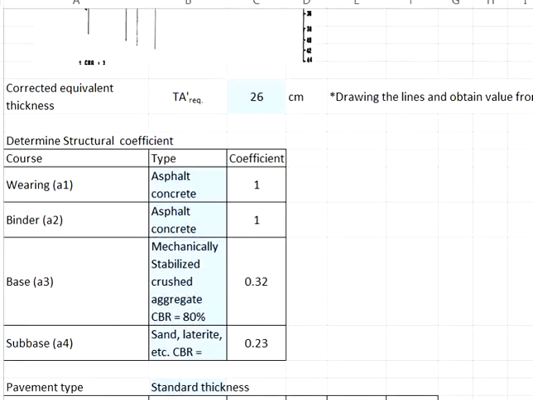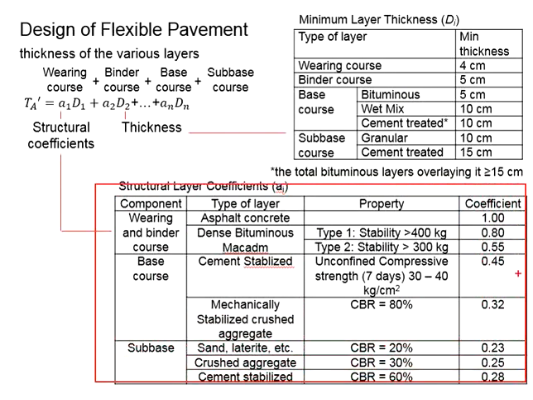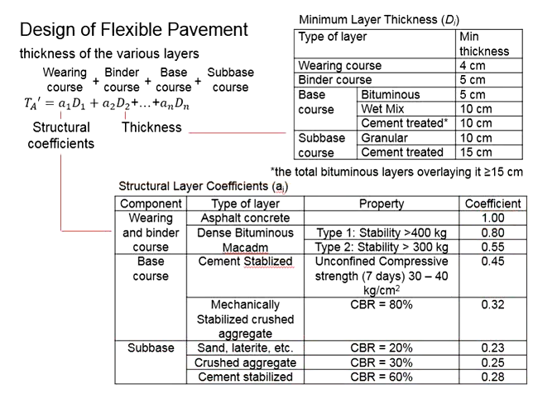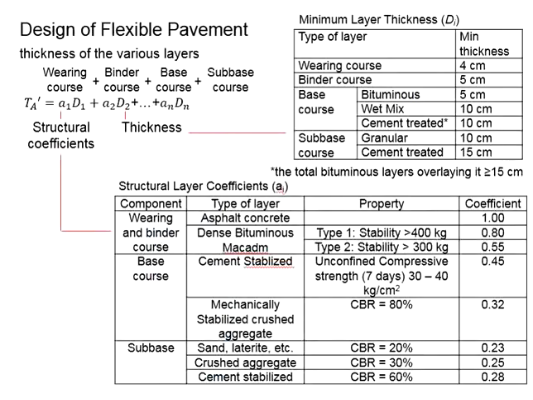Let's say now in this case, we use asphalt concrete as the wearing course and the binder course. Referring to the table here, the coefficient shall be equal to 1.0. As for the base course, mechanically stabilized crushed aggregate is used. Referring to the table here, the coefficient is 0.32.